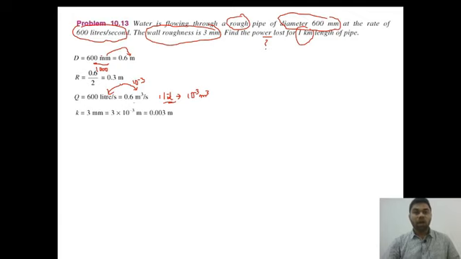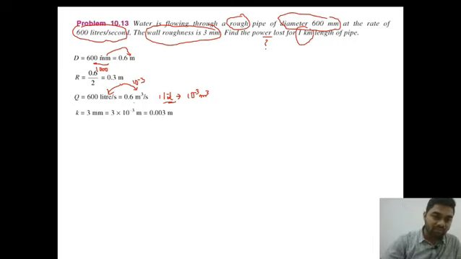Next, wall roughness. Wall roughness is denoted by small letter k, which is 3 mm. If we convert it into meters, we need to multiply by 10 to the power of minus 3. It becomes 0.003 meters.